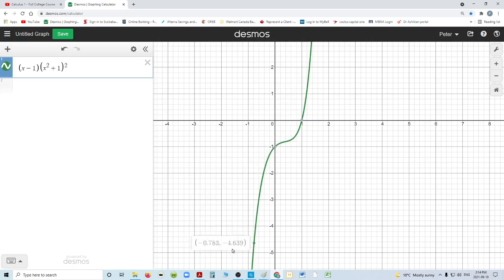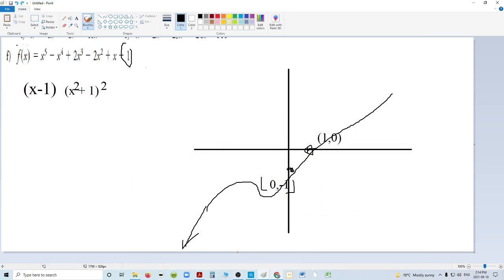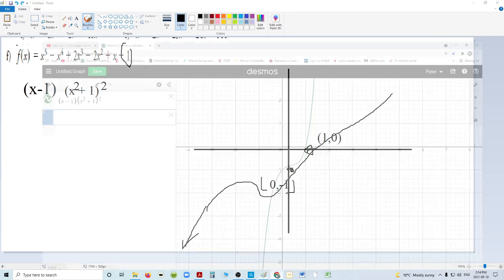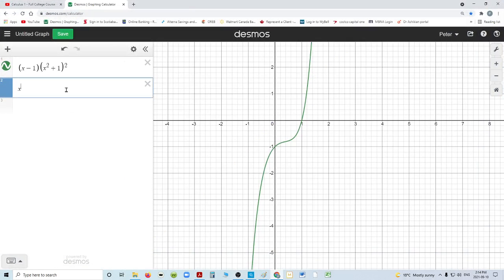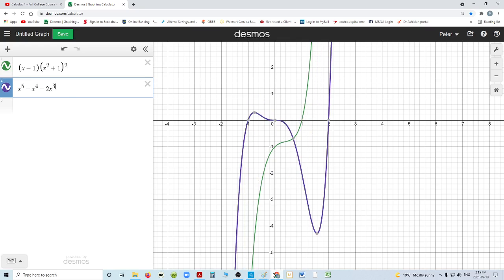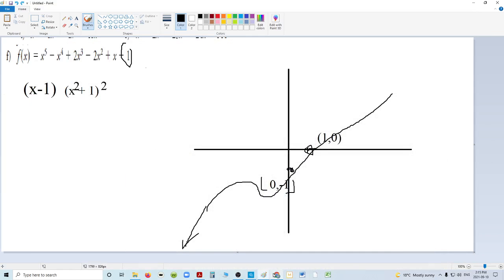And there you go. Now let's put in the original graph. Wish there was a way to cut and paste into it. x to the 5 minus x to the 4 plus 2x to the 3. x to the 5 minus x to the 4 minus 2x to the 3 plus 2x to the 3 minus 2x squared.